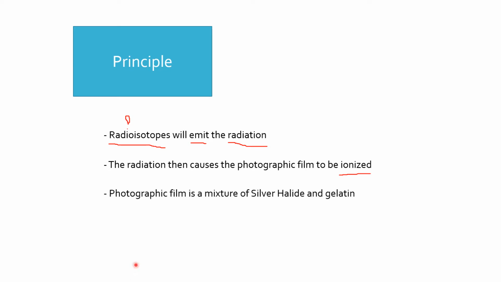After that, the photographic film is a mixture of silver halide and gelatin. In this technique, a radioactive substance is put in direct contact with a thick layer of photographic emulsion, and the thickness is about 5 to 50 millimeters.